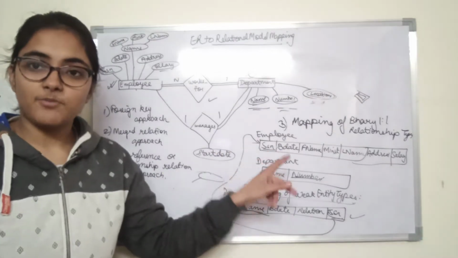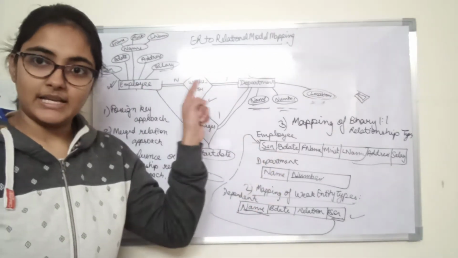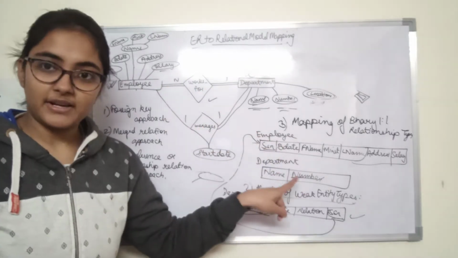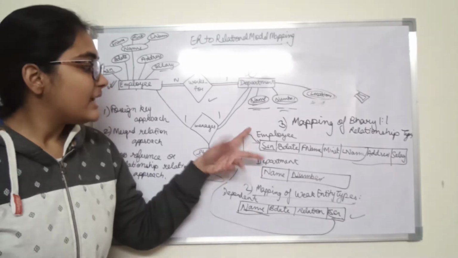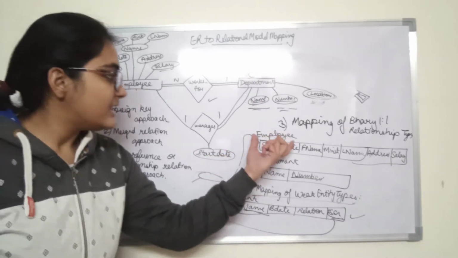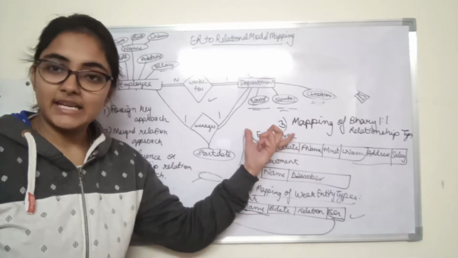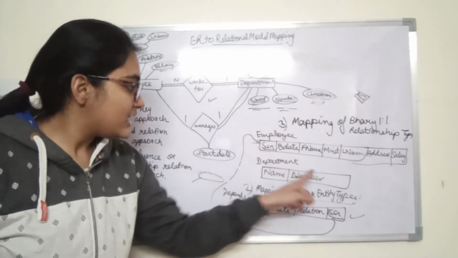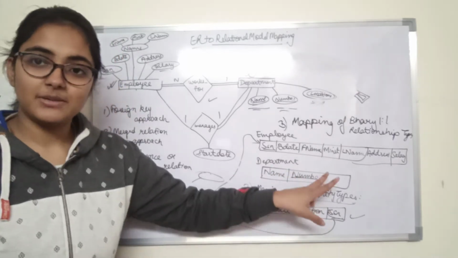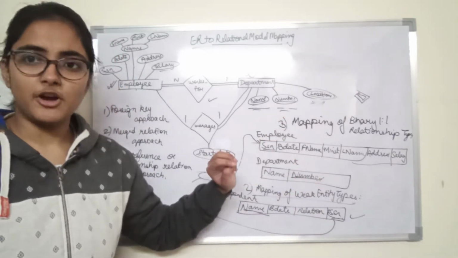The relations corresponding to the participating entity types, employee and department. That is, either include as foreign key in employee relation the primary key of department relation, or include as foreign key in department relation the primary key of employee relation.